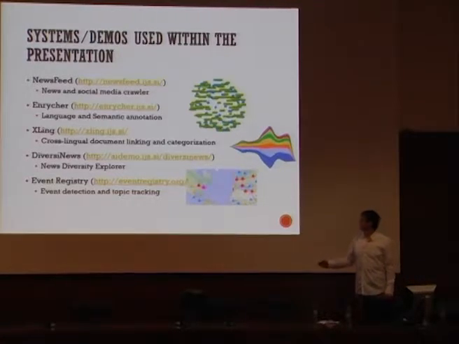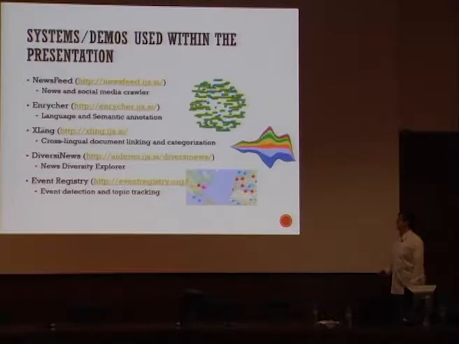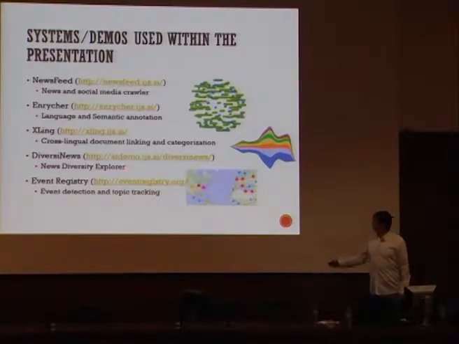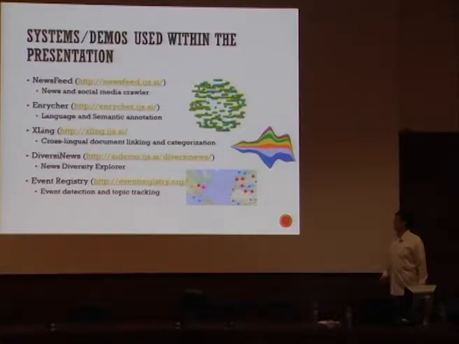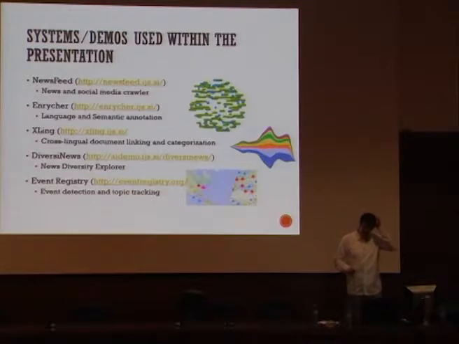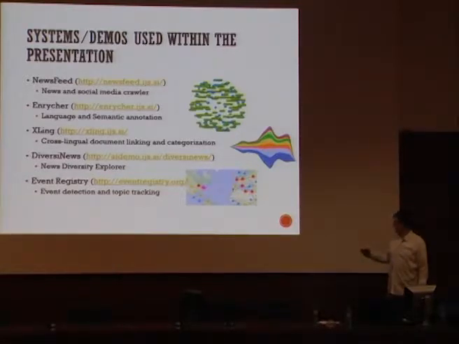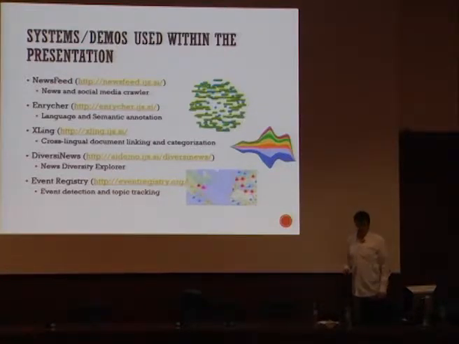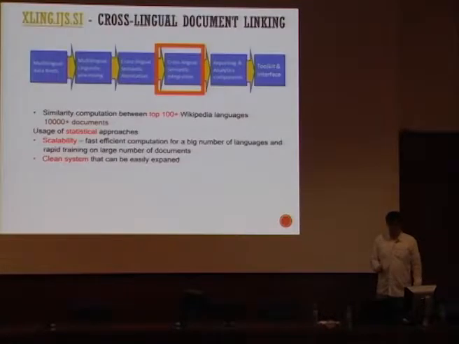And there is another demo, the News Diversity Explorer. And at the end, as a final example, we have Event Registry. This is event detection and topic tracking, and we will see how we can really exploit this cross-lingual function that we have on that use case.